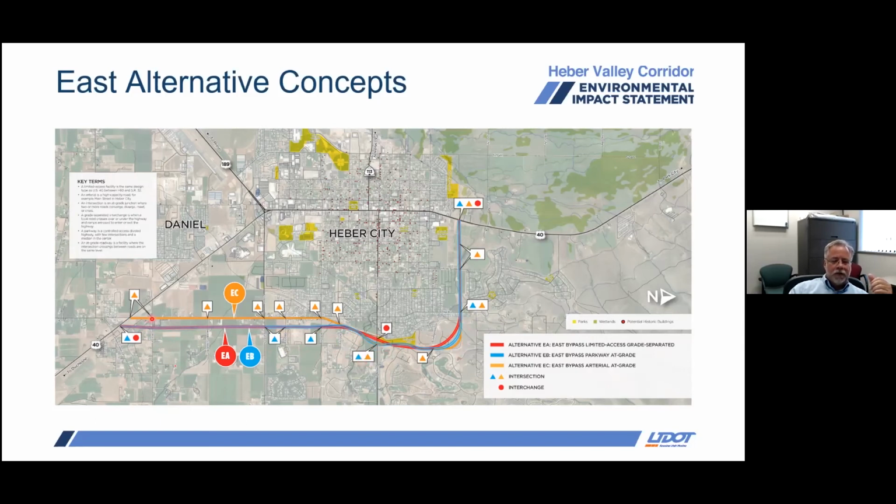South of Center Street, we do have 2 different alignments. The EA alignment and the EB alignment parallel 1200 East, but are just east of 1200 East. The third alternative, the EC alternative that we show here, would be on 1200 East.